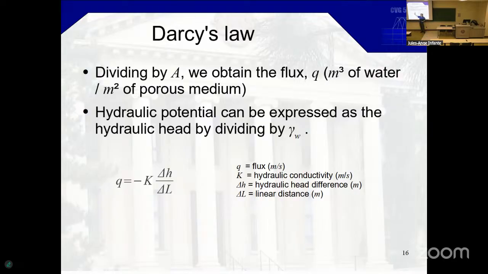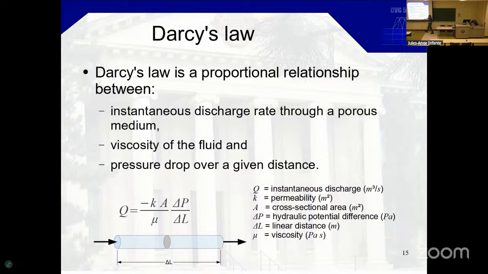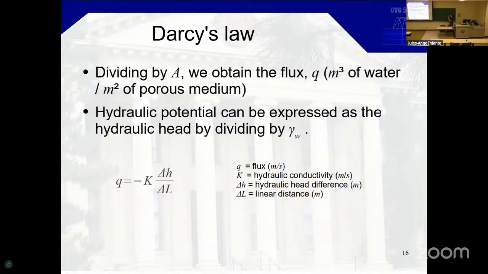So we took out gamma divided by, so basically gamma times delta H is delta P. So we took out gamma multiplied by K divided by mu, and also divide by A because here we have capital Q while the Darcy flux is lowercase q, which is big Q over A. So this is the flow per square meter of area.